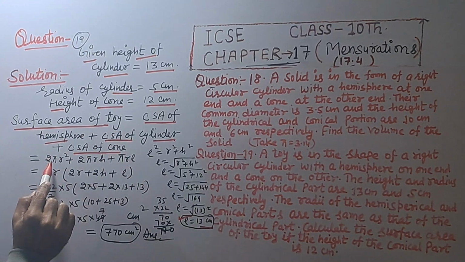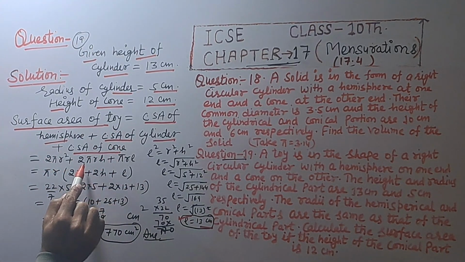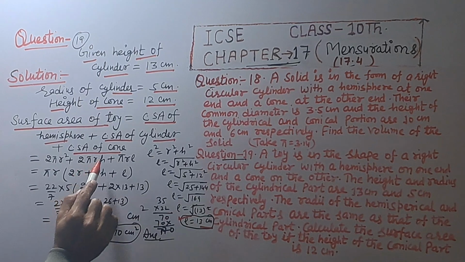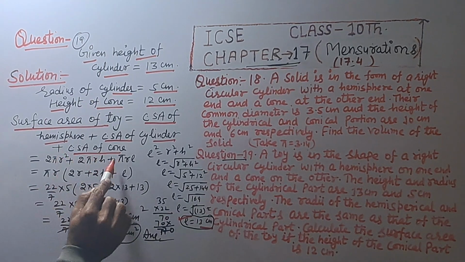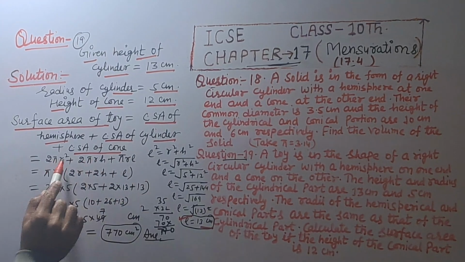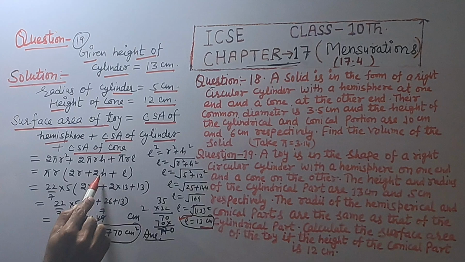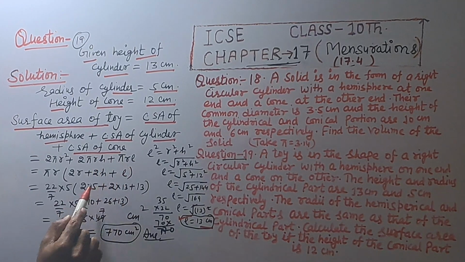Curved surface area of the hemisphere is 2 pi r square. Curved surface area of the cylinder is 2 pi r h, plus the curved surface area of the cone is pi r l. Pi r is common, and we get 2r plus 2h plus l.